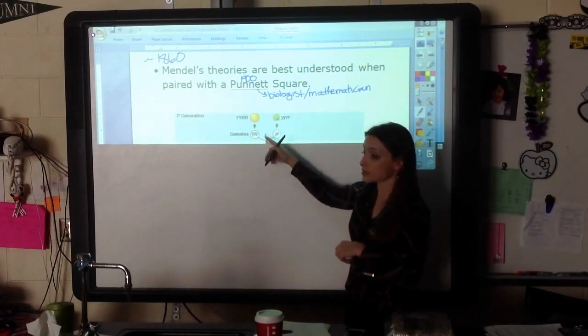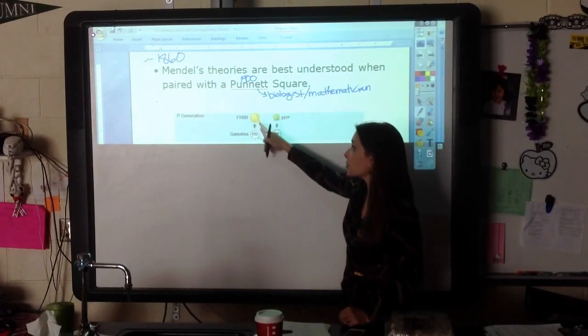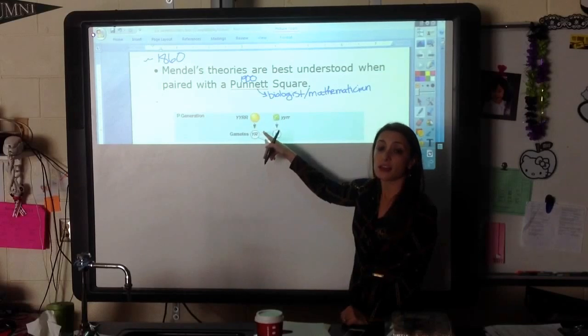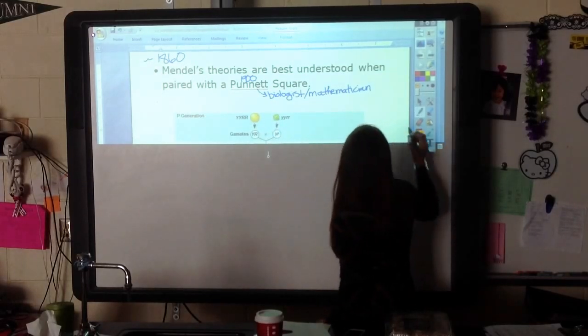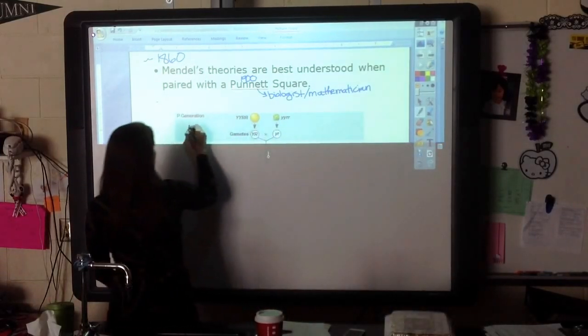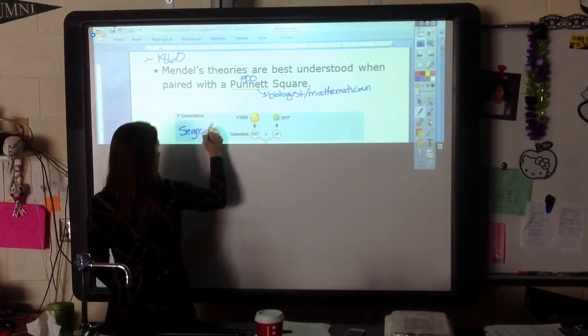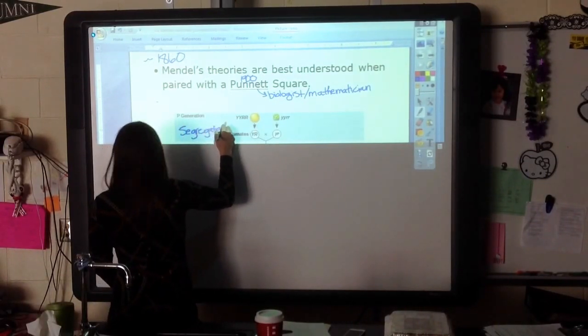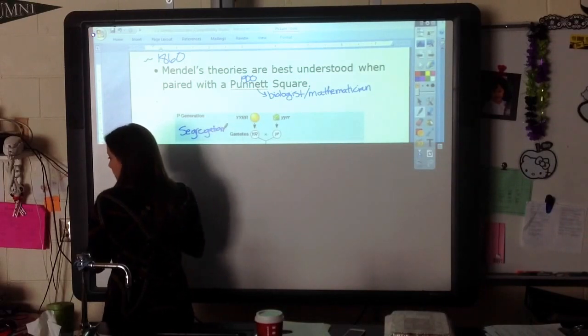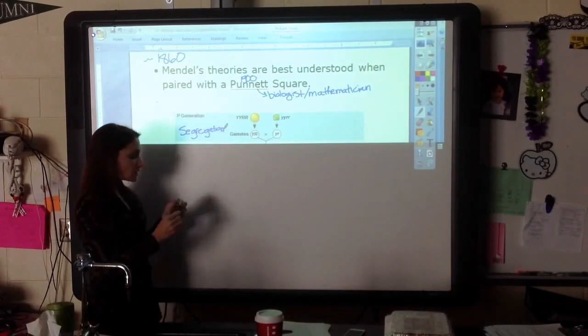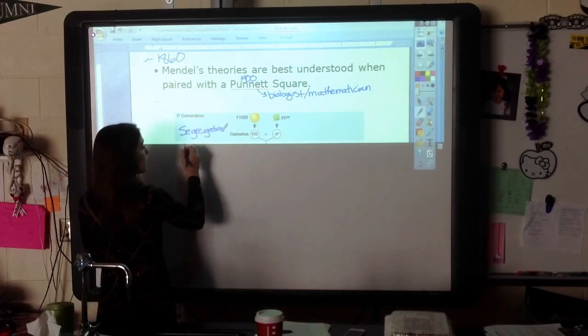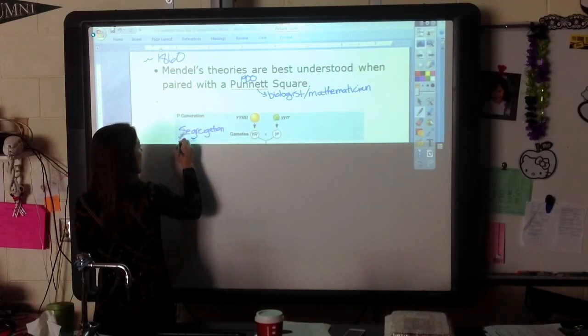Now remember, this happens during meiosis, but this production of gametes is actually the principle of segregation. And this principle of segregation is what explains that each parent donates half.